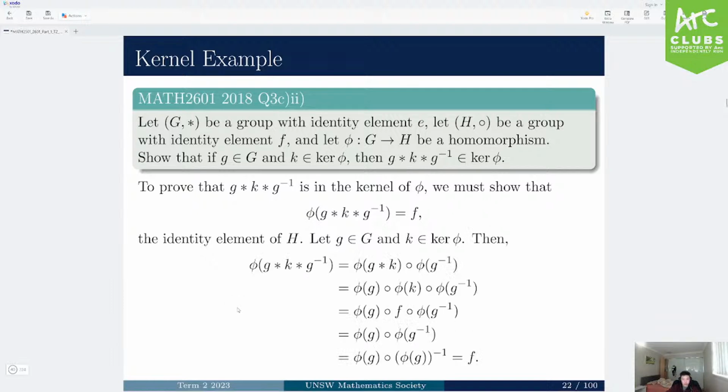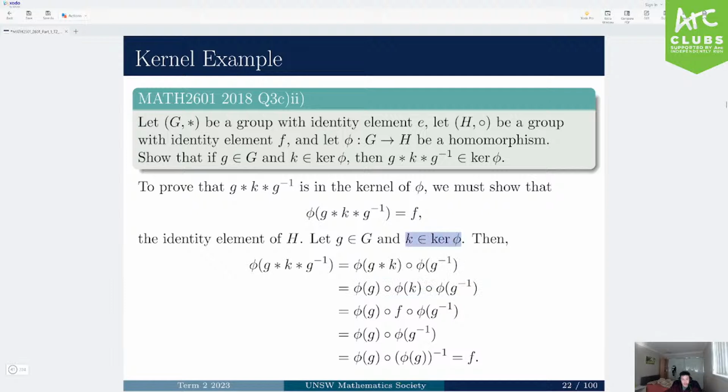Alright, and here we have a bunch of algebra manipulation. The first two lines use the property of a homomorphism such that we can split the inside multiplication out to the outside, and that gets us phi of g times phi of k times phi of g inverse.